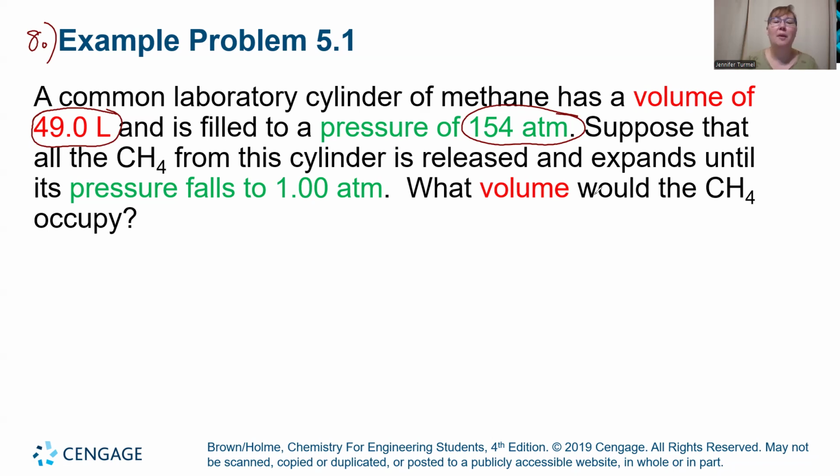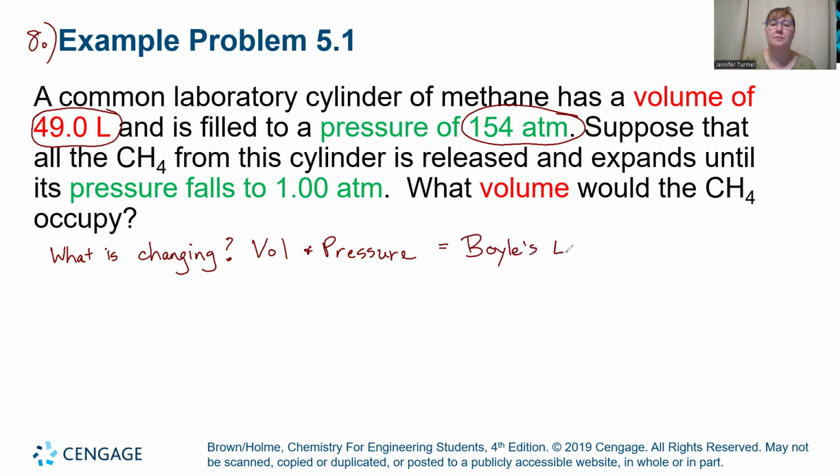So what we do is we start by saying, okay, so what is changing? What is changing is volume and pressure. And the law that tells us things are changing for volume and pressure is Boyle's law. And that is P1V1 equal to P2V2.